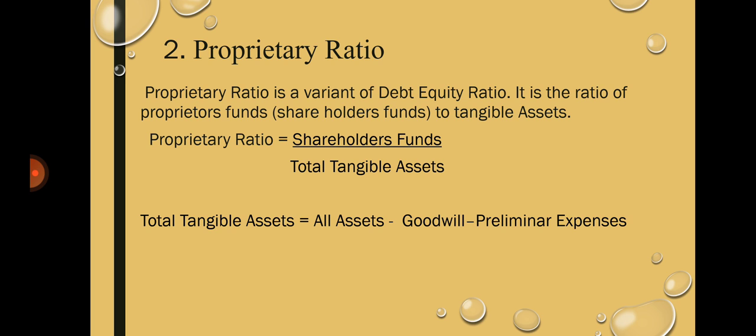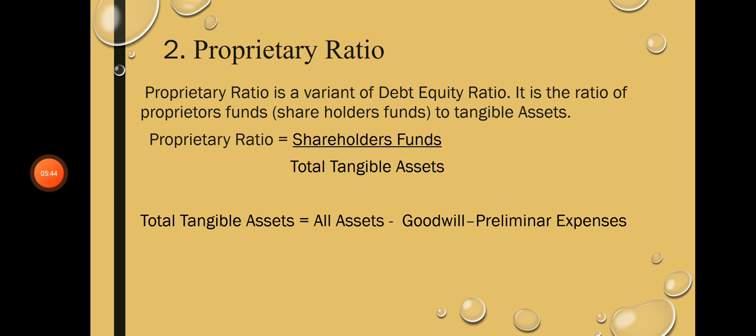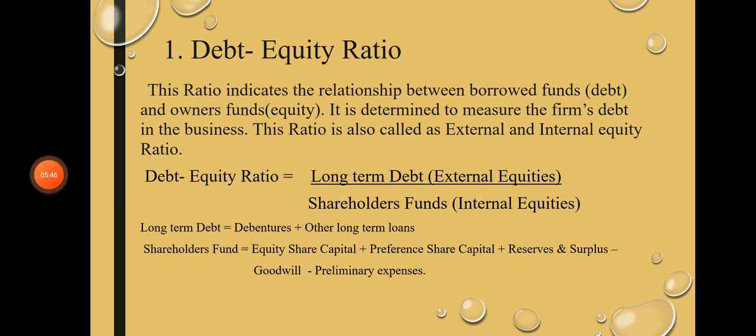Okay, now you know how to find out shareholders fund. Here we have learned that shareholders fund is equal to equity share capital plus preference share capital plus reserves and surplus minus goodwill and preliminary expenses.